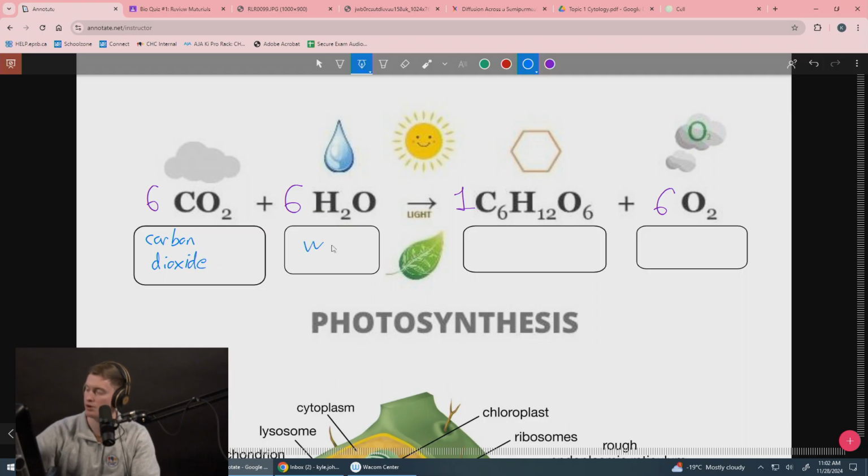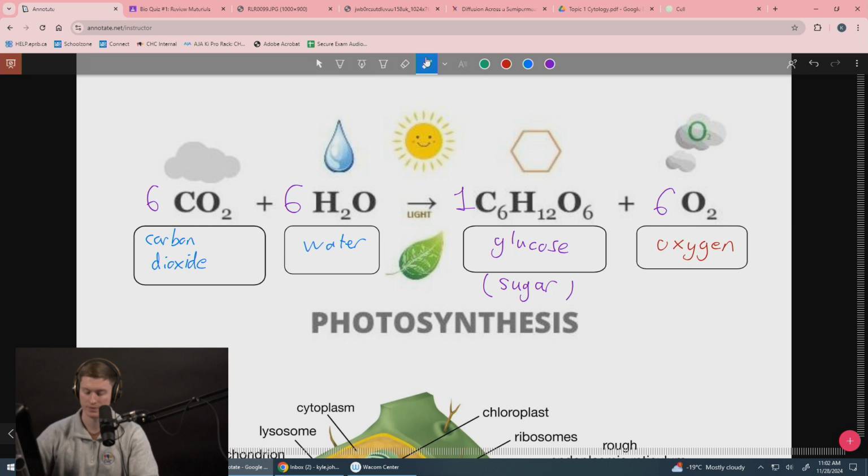H2O is our water. C6H12O6 is our glucose. And O2 is our oxygen. This is a good chemical reaction to know. Glucose is a type of sugar, which I'm going to write underneath here.